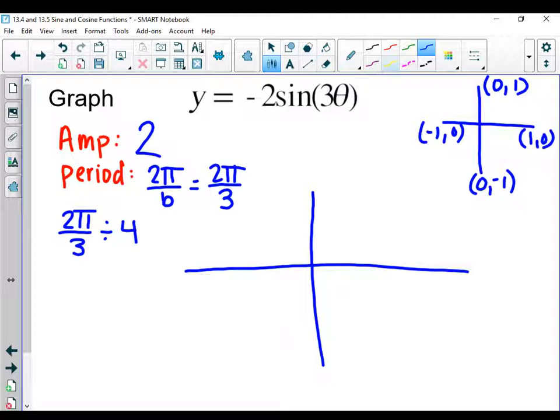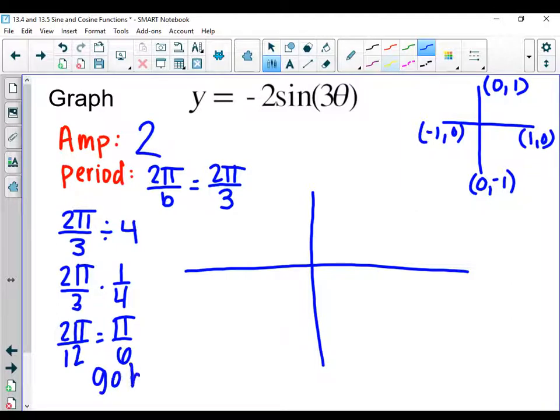That's 4 things, okay? So we're always going to divide by 4, which means 2 pi over 3 times 1/4, which is 2 pi over 12, which is pi over 6. What does that mean? That means what I go by on my x-axis.